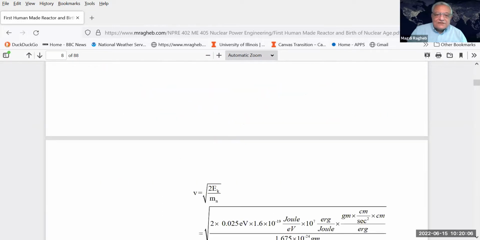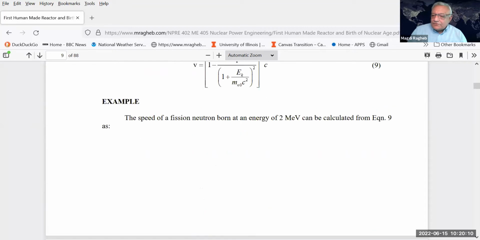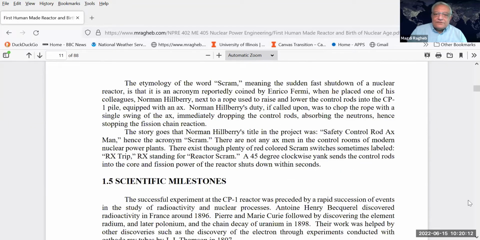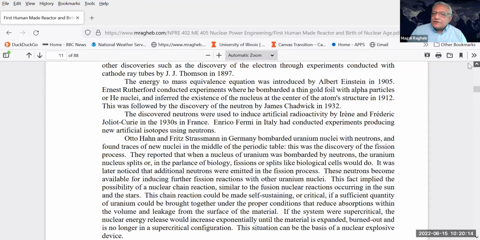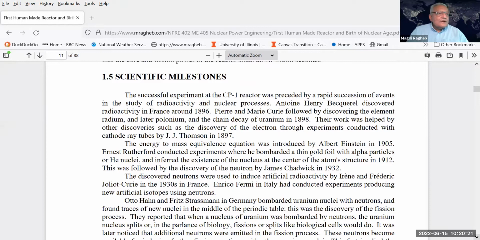I suggested that this did not occur out of thin air. There were scientific milestones that were reached earlier, and you may have read about them in other classes, like in modern physics, for instance. But the main milestones were the discovery first of radioactivity.